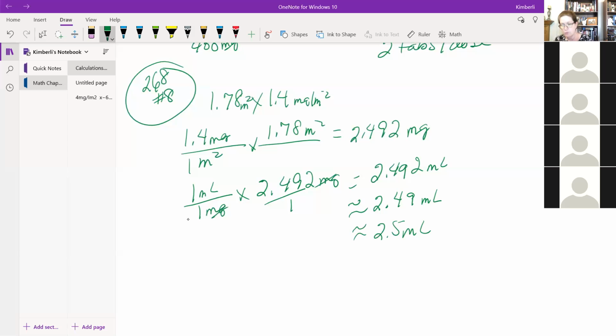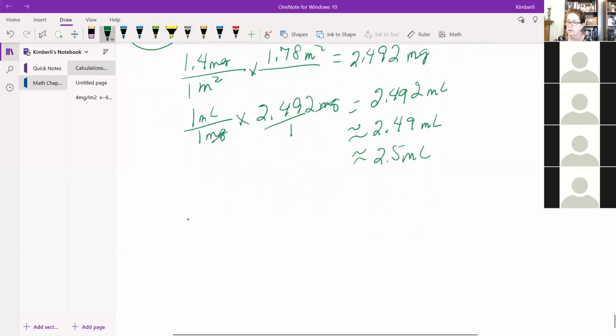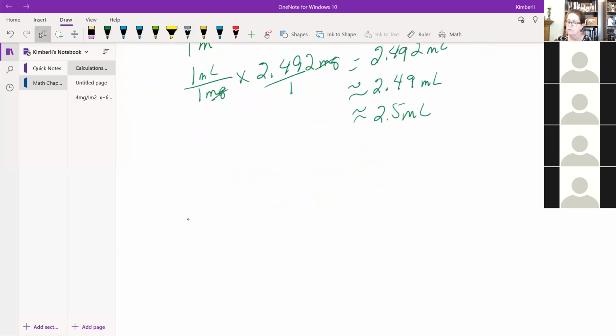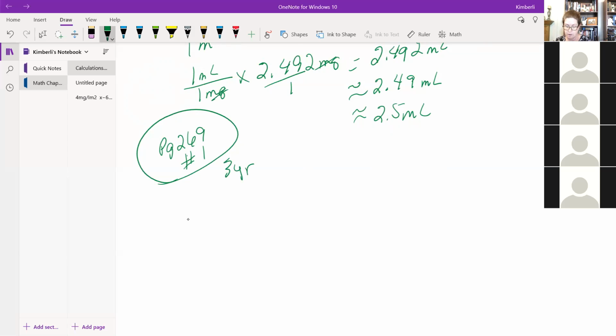Looking at number 1 on page 269, these are practice problems letter F. It says round to the nearest hundredth for weight calculations and the nearest tenth when providing volume calculations unless otherwise noted. So number 1, a physician orders milk of magnesia for a 3-year-old child, so we know it's not an infant. The usual adult dose is 30 mL.